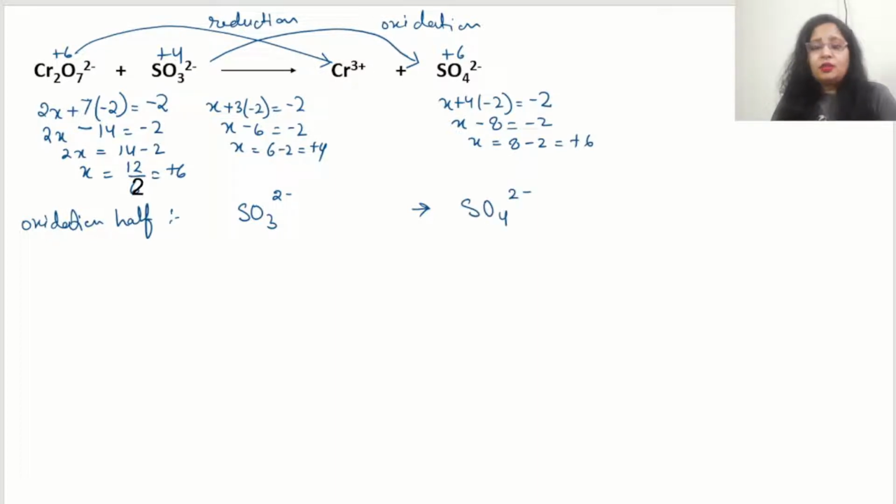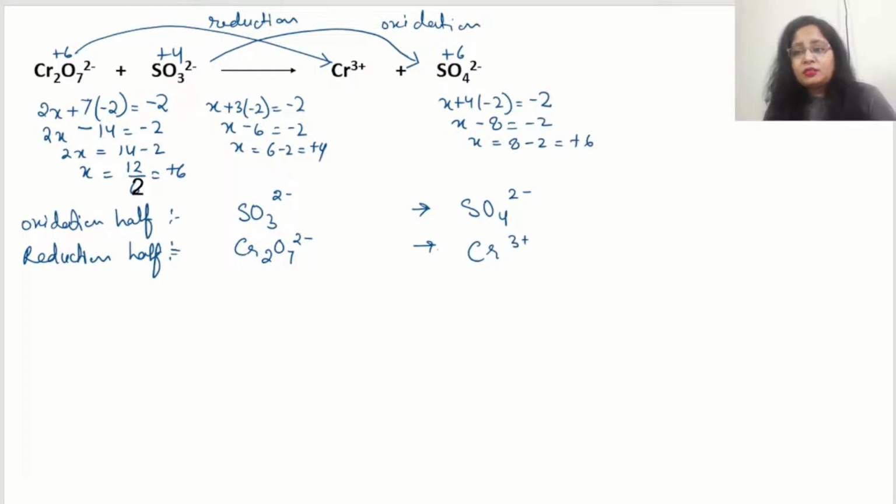This is our oxidation half, and write the reduction half. Reduction half will be Cr2O7 2 minus, and that will give Cr3 plus.